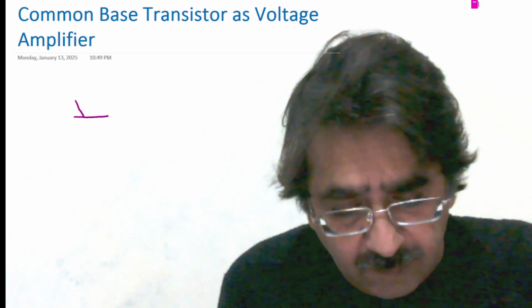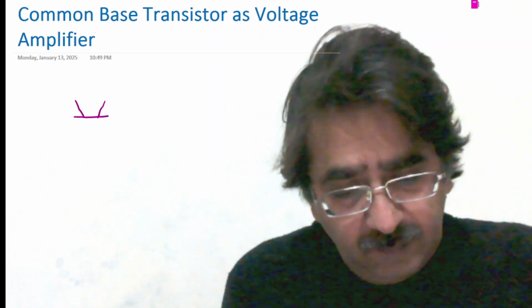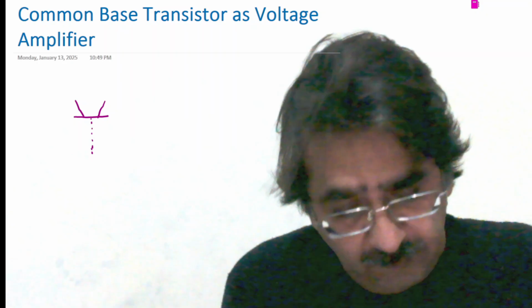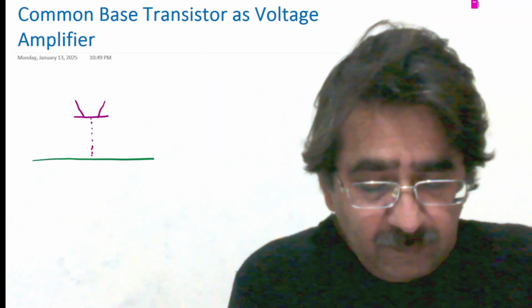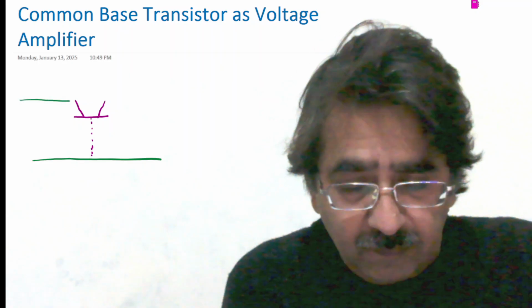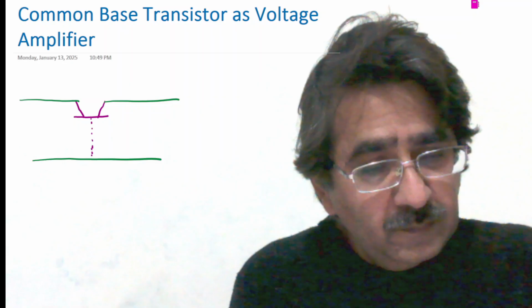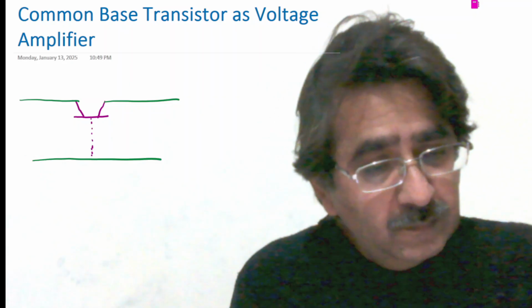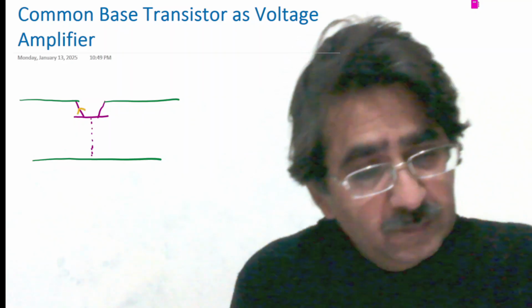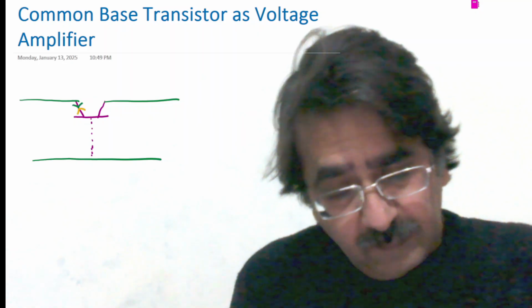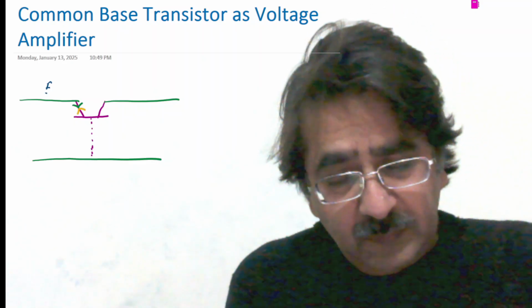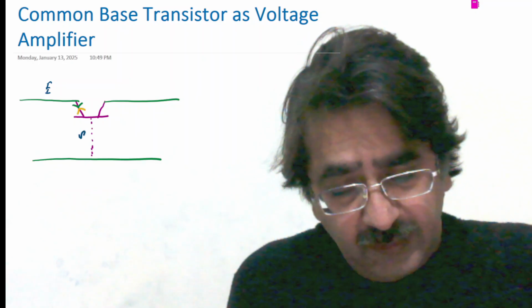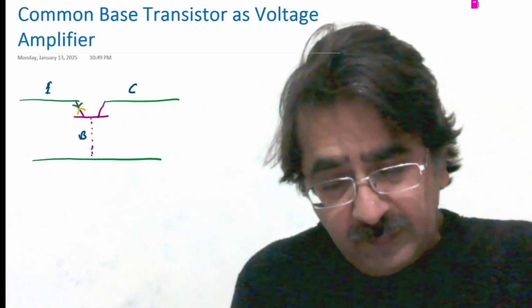And for common base transistor, we know that this will be an emitter, this will be base, and this will be a collector. Okay, this is an emitter.